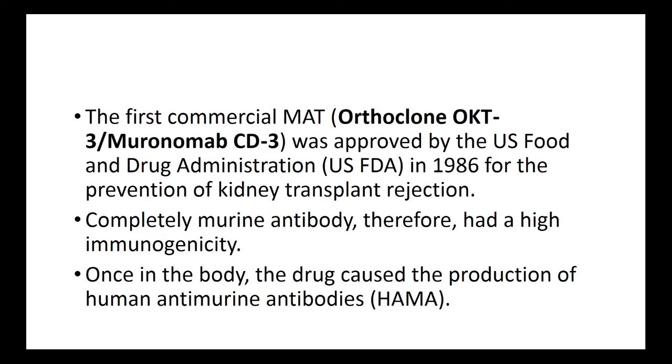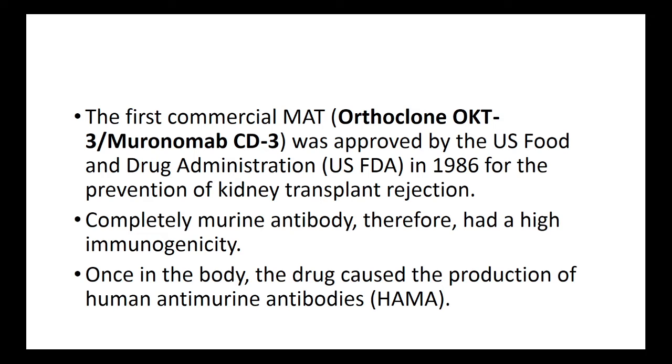The first commercial monoclonal antibody, Orthoclone OKT3 or muromonab-CD3, was approved by the USA Food and Drug Administration. It is the organization which gives permission for all drugs which are used in the USA and in the world. In 1986, for the prevention of kidney transplantation rejection.